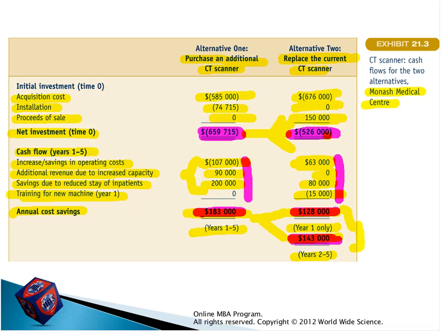In these cash flows, we have already given all the figures for you, and you have to make decisions based on what you see already, based on your own analysis, to make decisions on investments and on the cost savings amounts.